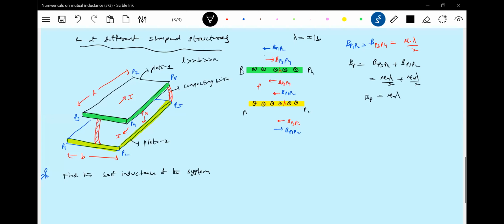Can we calculate the flux? Flux linking the gap between the plates should be equal to BP into the area, A into L. Your B bar will be in this direction.